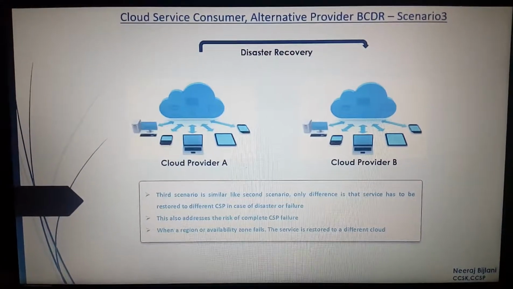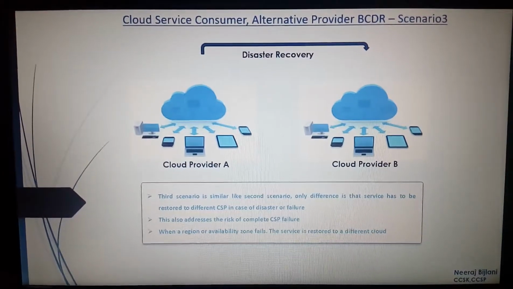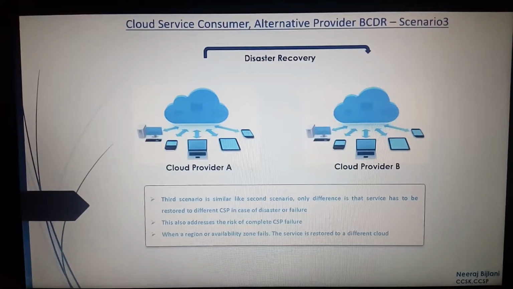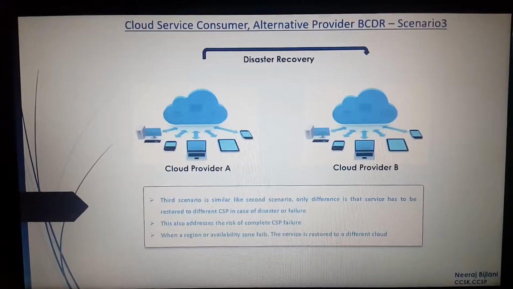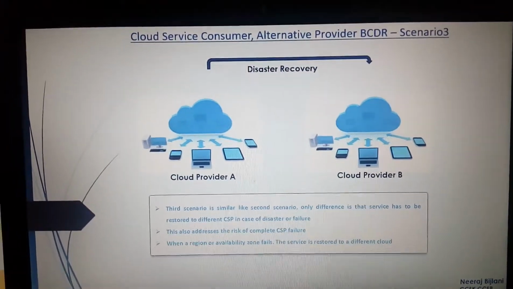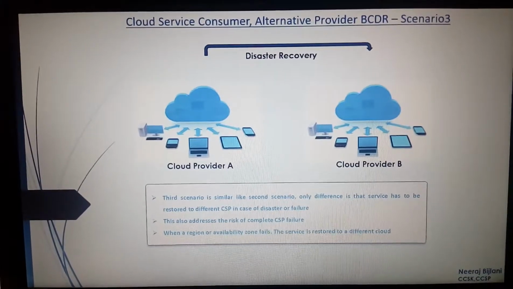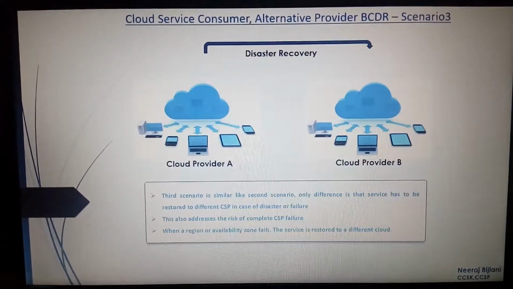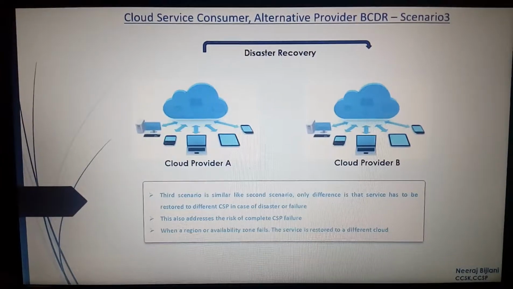So there may be some challenges from the cost perspective, but for business continuity and disaster recovery, this is the third scenario, which few customers want to go with. So these are the three scenarios in the BCDR environment for customers who are moving to cloud as a BCDR solution.